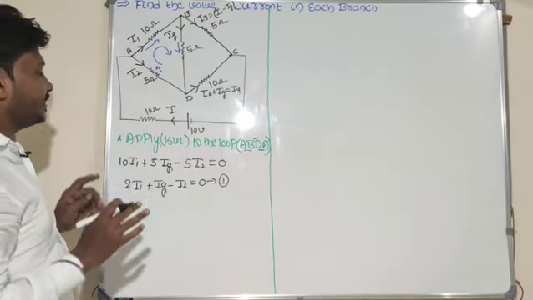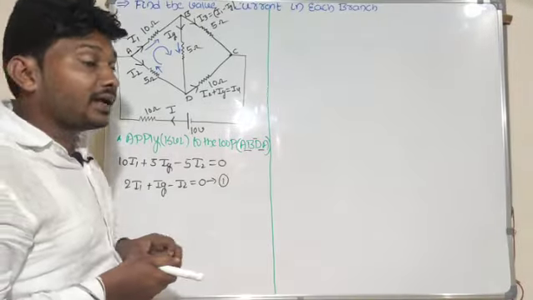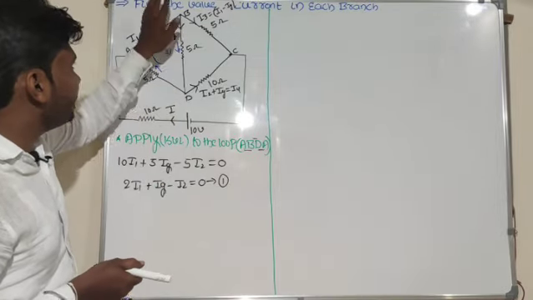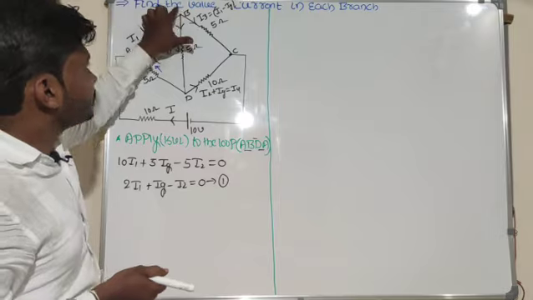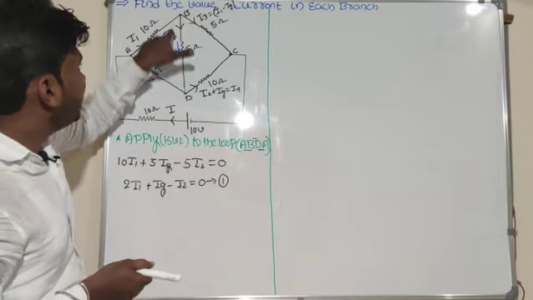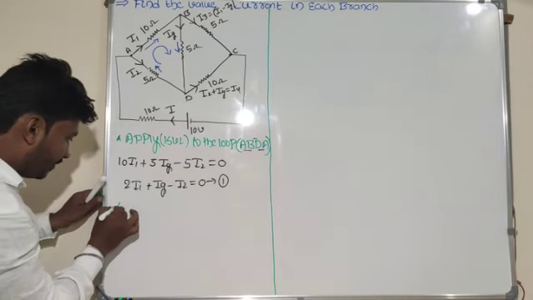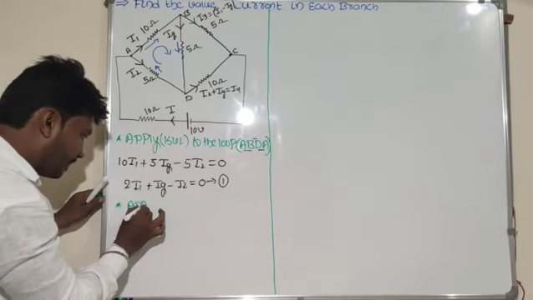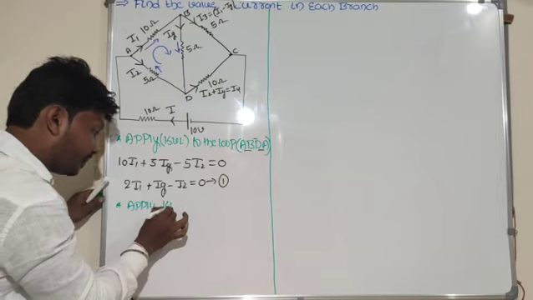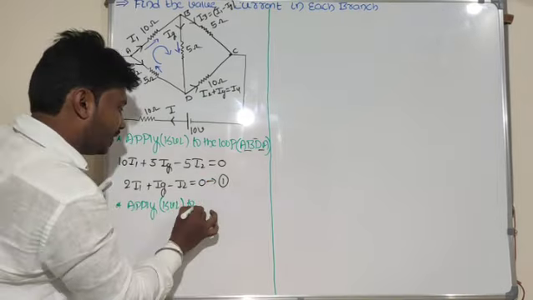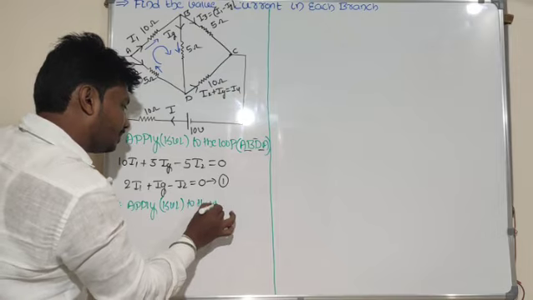Next, in a similar way, again I will apply Kirchhoff voltage law to the loop BCDB. So forget about these things. Look at this part BCDB here. Again I will apply the KVL law, Kirchhoff voltage law, to the loop.